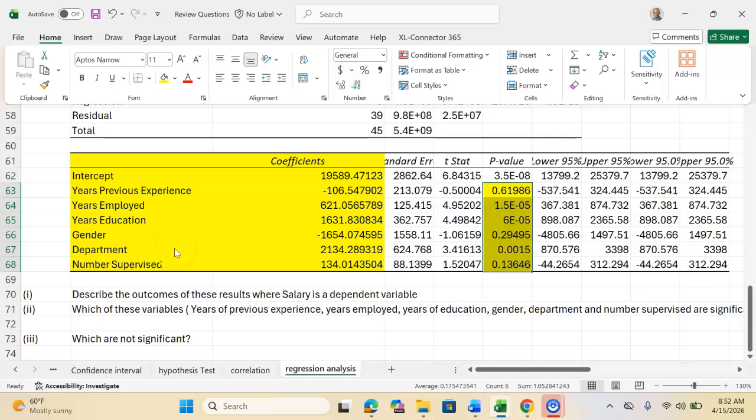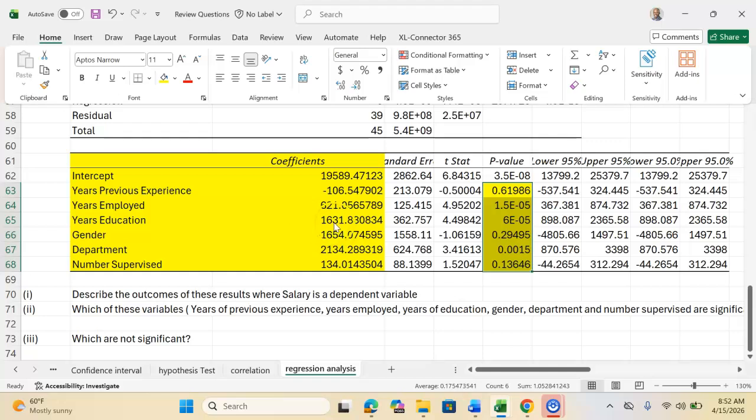And let's look at years of education. We have also this value, meaning that if you take 1 year of education, your salary will increase by this amount. We cannot compare with the amount which we get for the years employed, because they are both independent, and we can explain one on its own without any interference with the other.